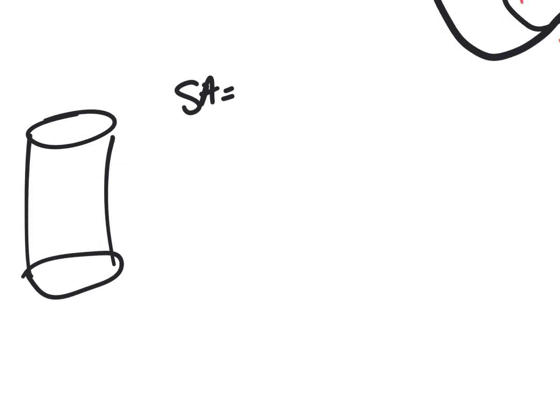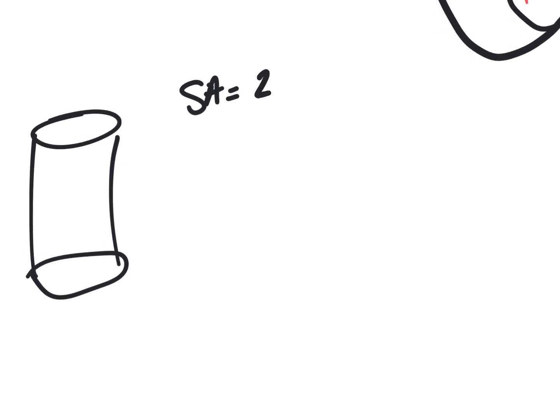Do you get that they have a circle on the top and a circle on the bottom, and then they have sides? Okay. And the surface area of a cylinder, don't worry, I would not make you memorize this, but it's 2 pi r squared plus 2 pi r h. This is h. This is r. You with me so far?